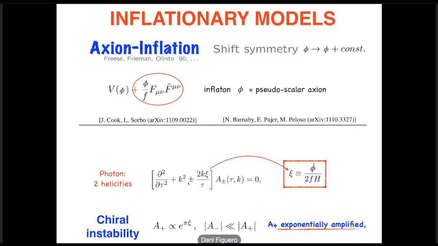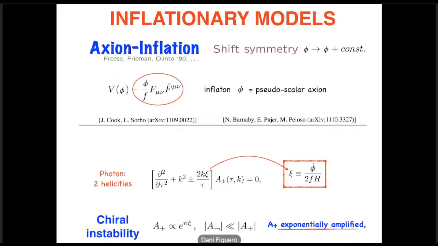The whole effect is controlled by this ψ parameter, which is a manner of measuring the velocity of the inflaton normalized to the decay constant of the action and to the Hubble rate. And this is a chiral instability because since one of the modes is tachyonic, it's going to grow exponentially fast, whereas the other one is going to remain in vacuum. And this is well known.